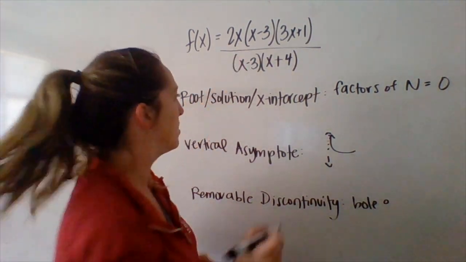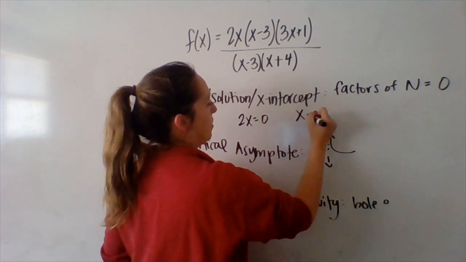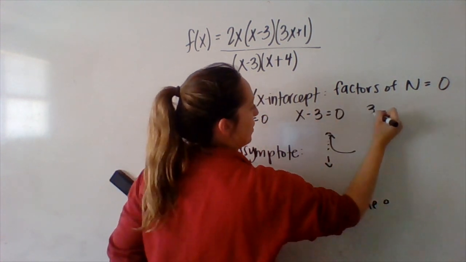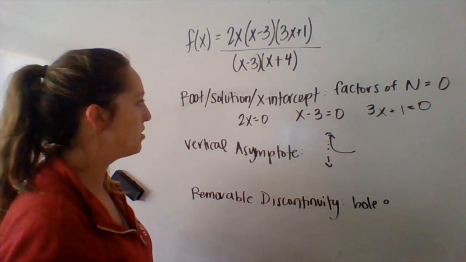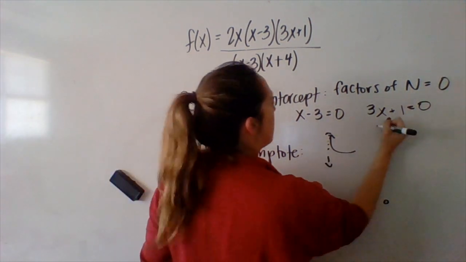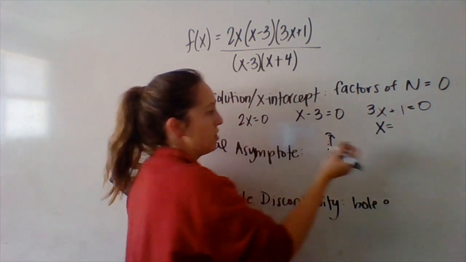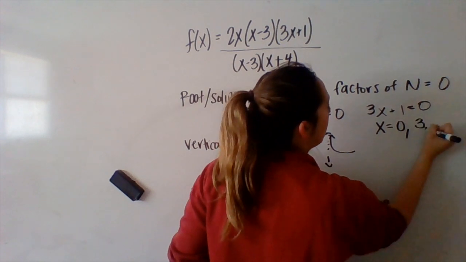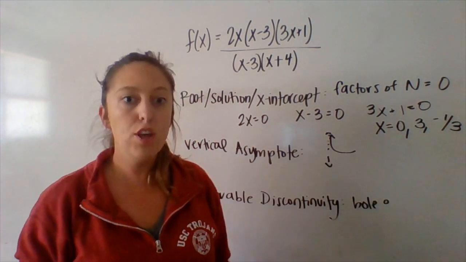So 2x would equal 0, x minus 3 would equal 0, and 3x plus 1 would equal 0. Solving those, I know that my roots or solutions, I would have x equals 0, right, divide by 2, positive 3, and negative 1/3, coming from each of these pieces. Those are my roots.